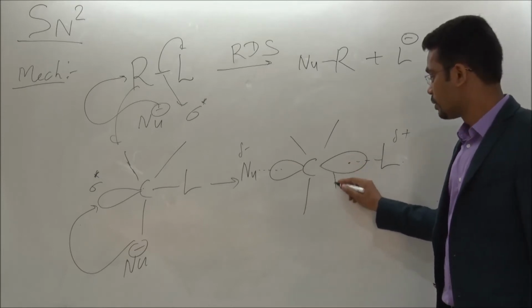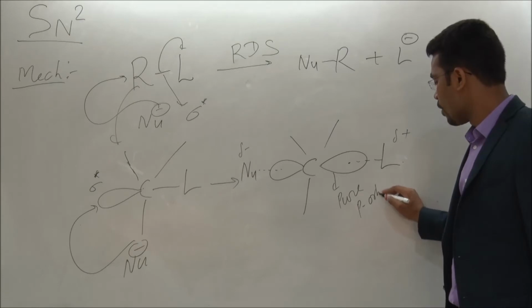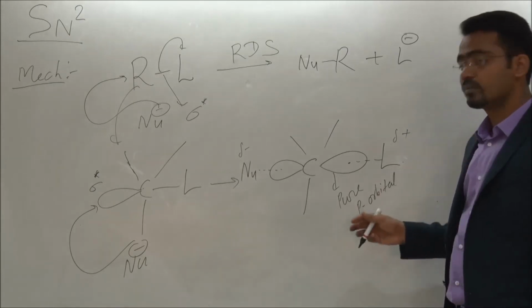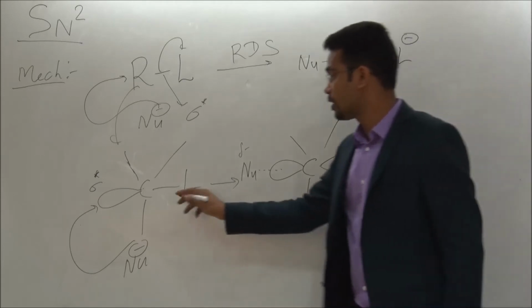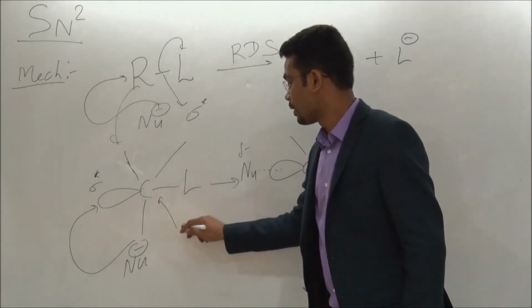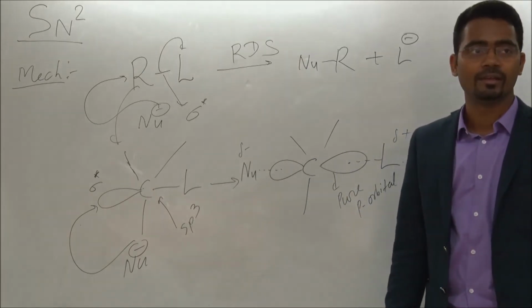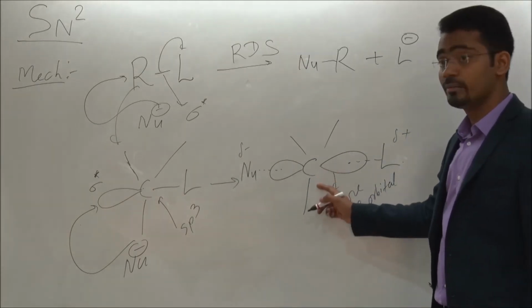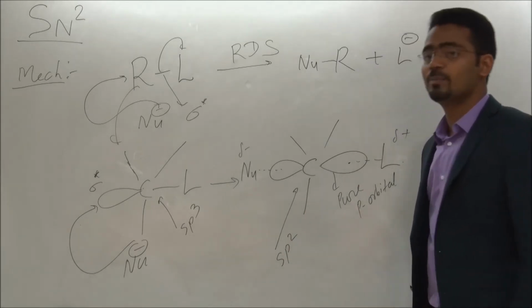This is a pure p orbital. So what is the hybridization of this carbon? Not sp3, it is sp2.